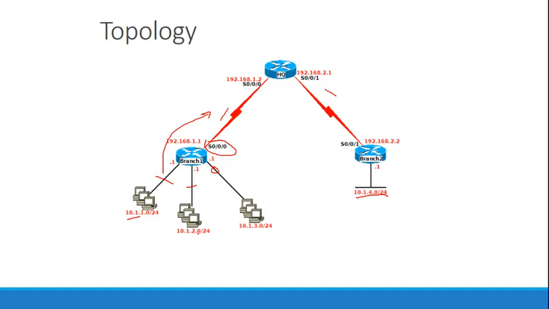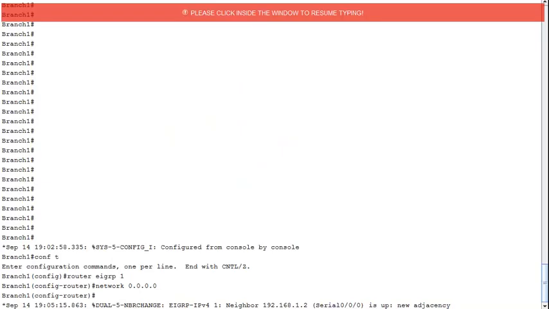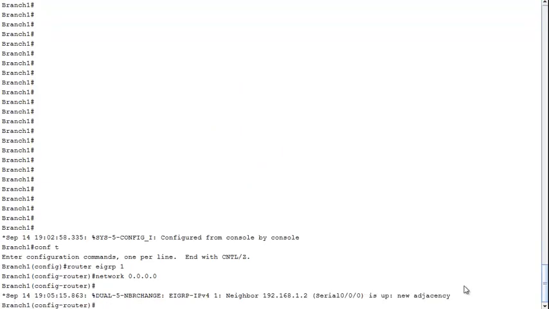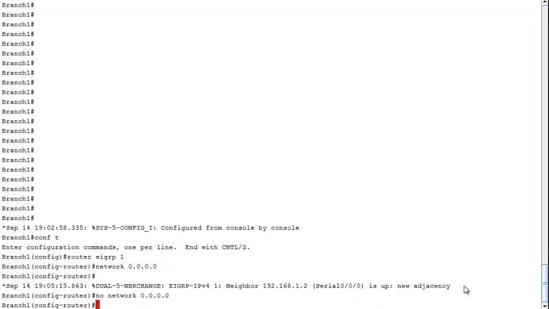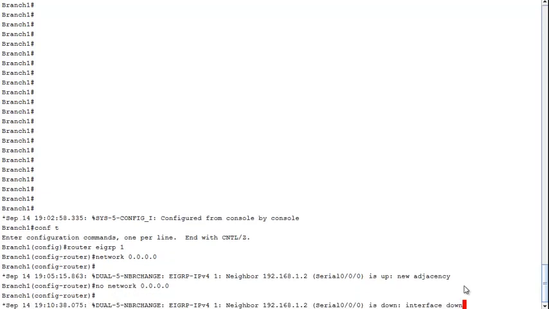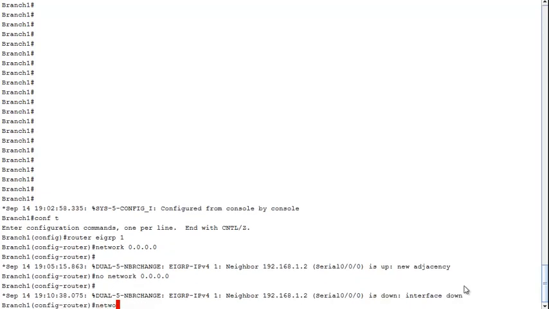We'll go over to branch 1 and change this. So now in branch 1, we only want 10.1.3 and 192.168.1 to participate in EIGRP. So first we do a no network. And instead we'll do, we lost our adjacency.